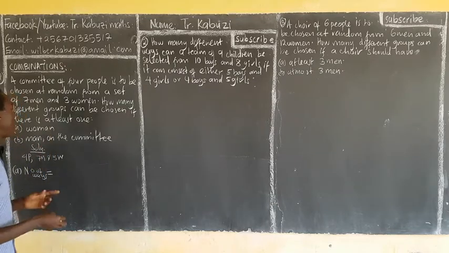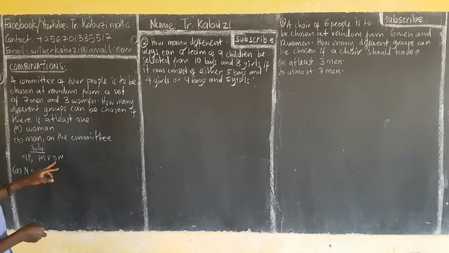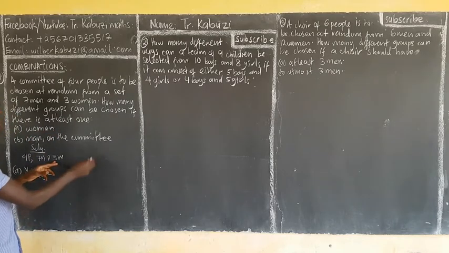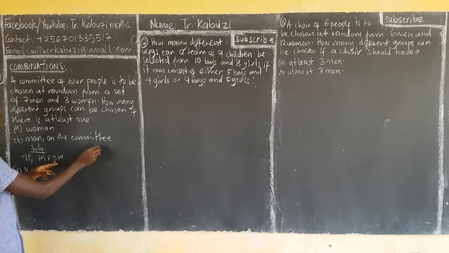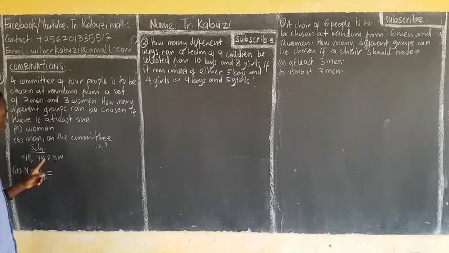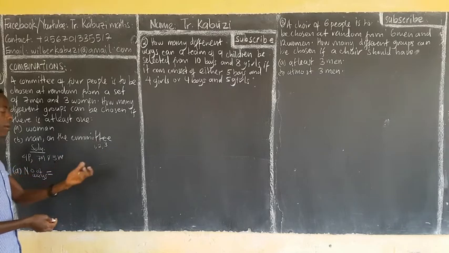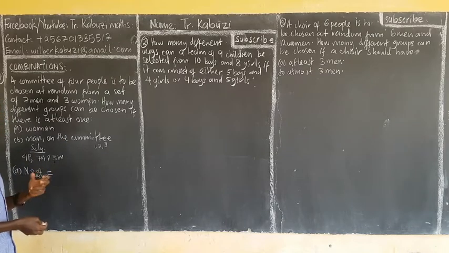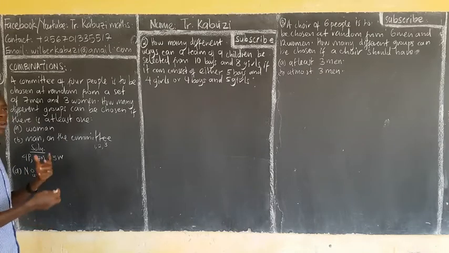You look at the women, you have 3. So you can choose 1, you can choose 2, or you can choose 3, up to 3. Why am I ending at 3? Because there are only 3 women. If there were 5, you would end at 5, but here I'm ending at 3 because there are 3 women only.